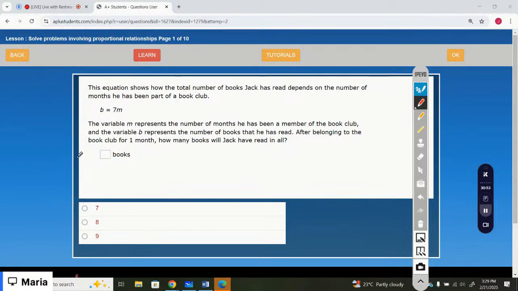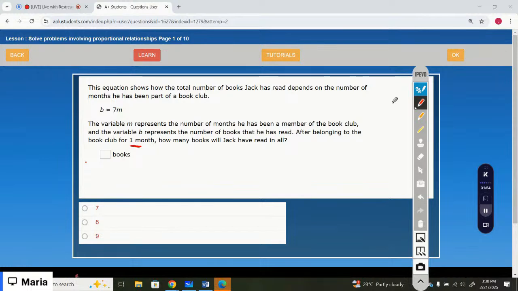M represents the number of months he has been a member of the book club, and B represents the number of books.